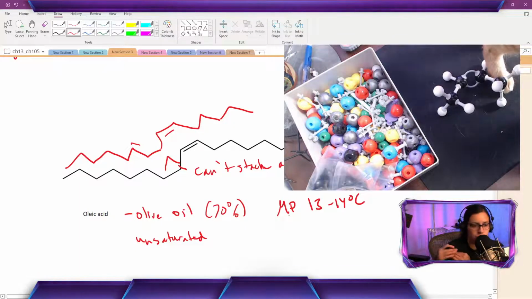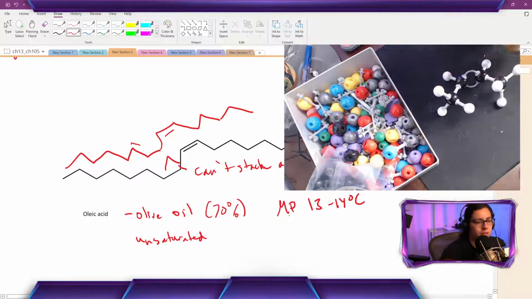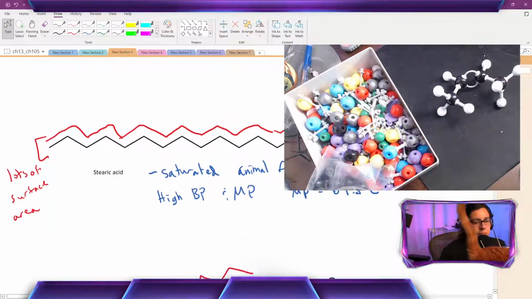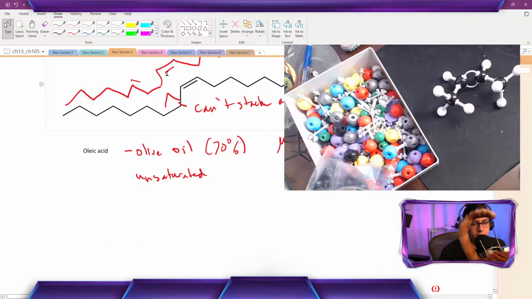So now you have that disruption compared to this one where it's all saturated. So now it's got a little kink, and so now they can't stack as nicely. And so now that disrupts those intermolecular forces.